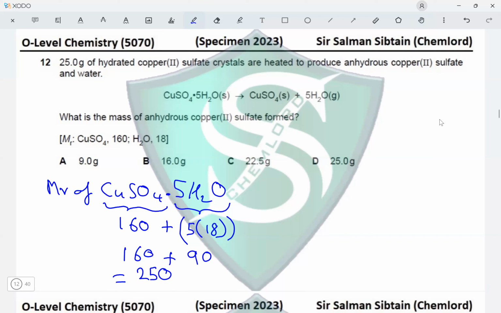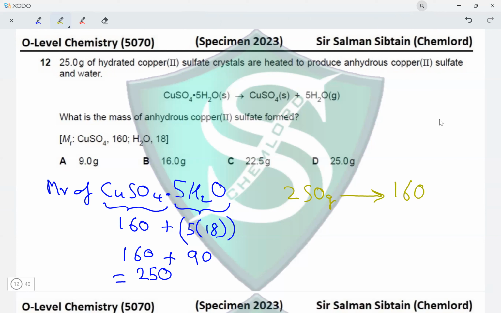Now, we will perform a calculation. According to the given equation, 1 mole of CuSO4.5H2O produces 1 mole of CuSO4, which means 250 grams of hydrated copper sulfate produces 160 grams of anhydrous copper 2 sulfate.